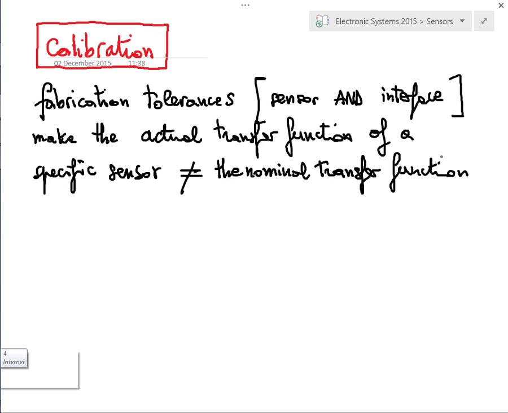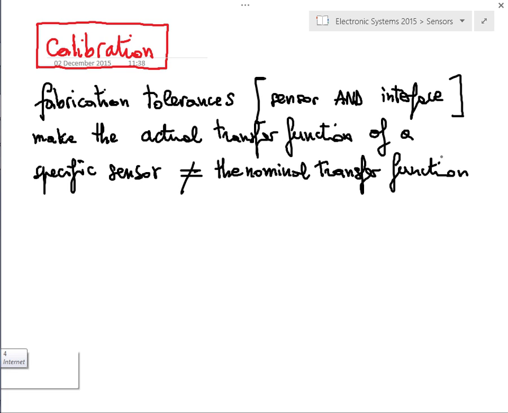We need to calibrate the sensor. So what does it mean? We need to adjust the nominal transfer function and make it equal to the actual real transfer function in order to correctly perform the measurement.